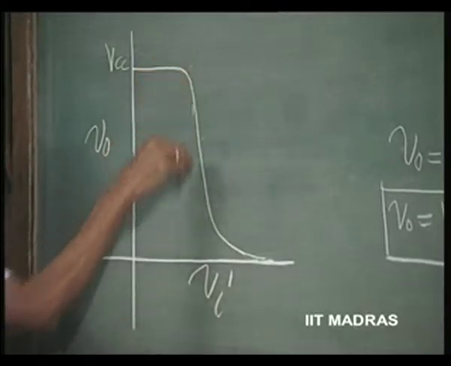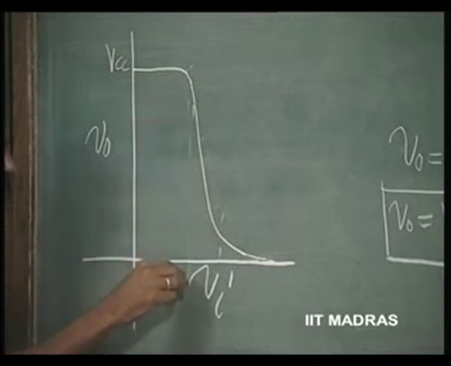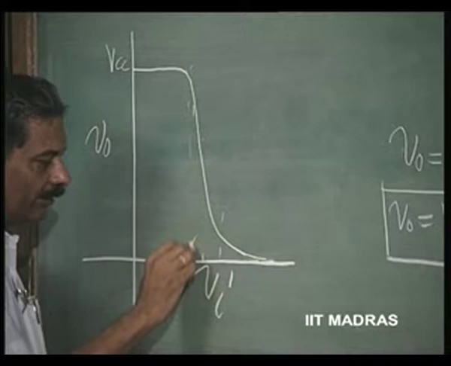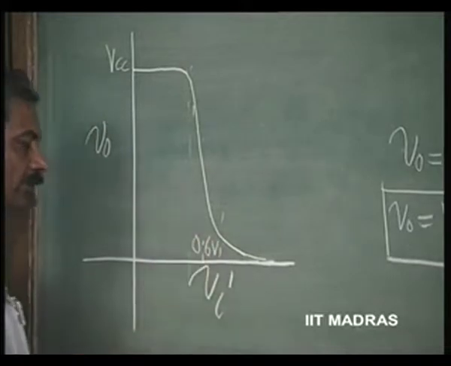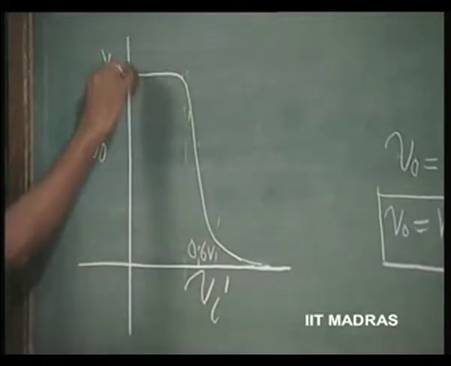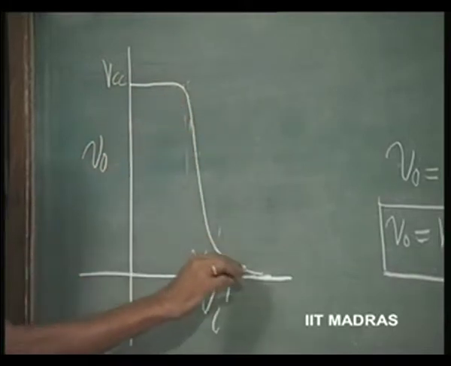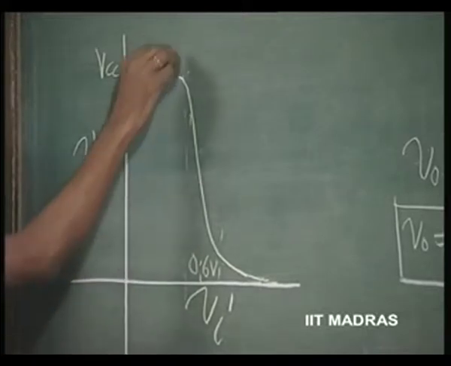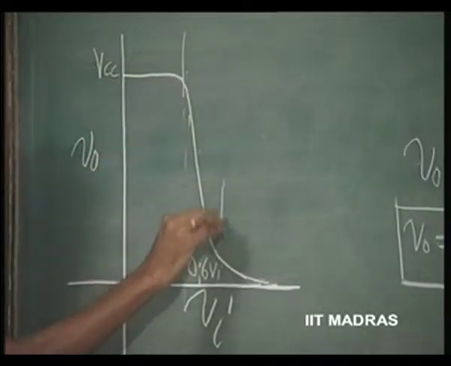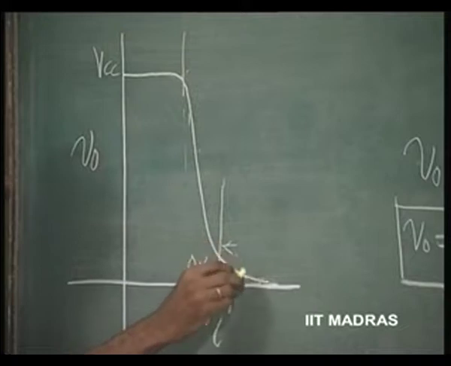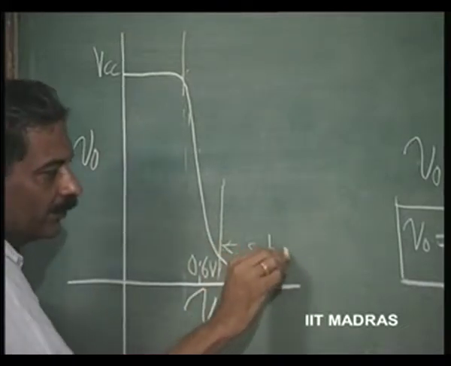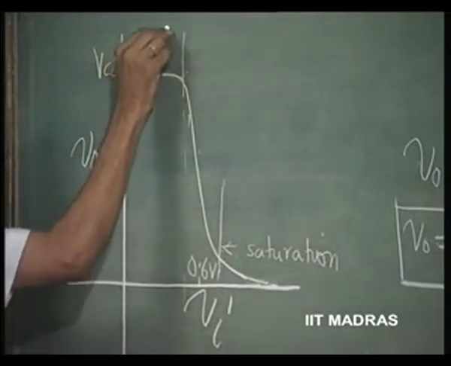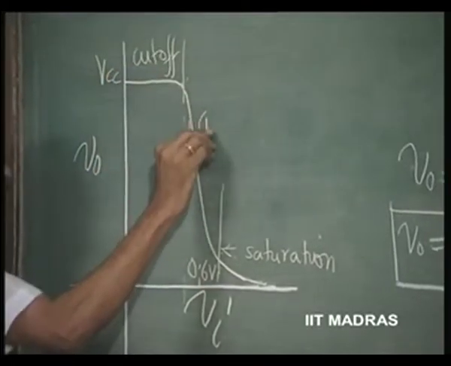This point occurs between about 0.5 to 0.6, let us say 0.6 volts. This is the nature of variation of output voltage with respect to input. This region is where the amplifier goes to saturation, here it is cut off, and this is the active region.